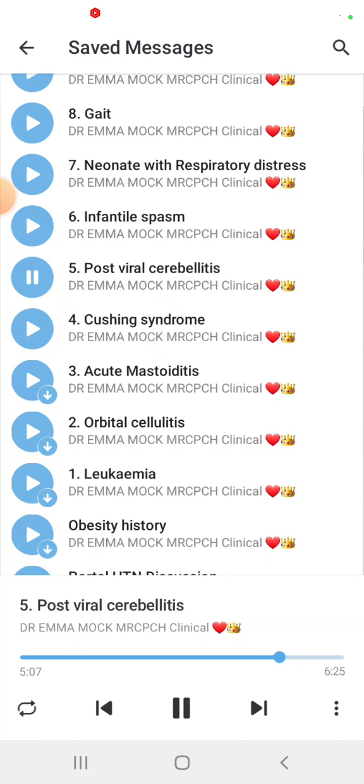These are the red flags. So this is how it comes in the exam task.